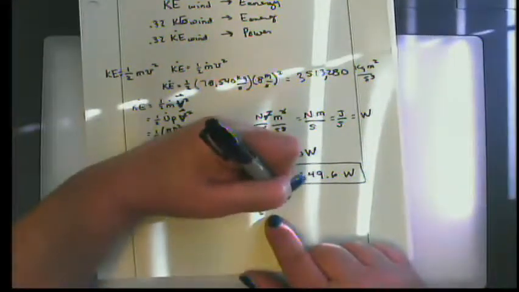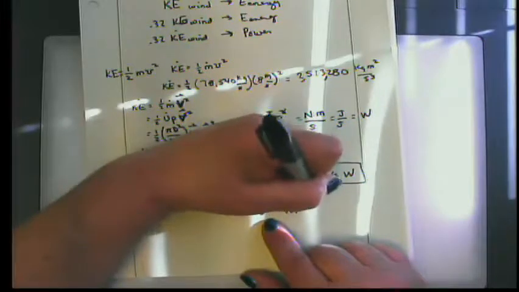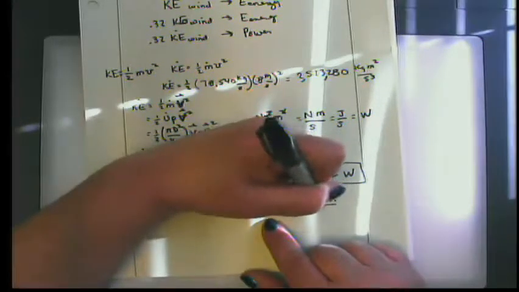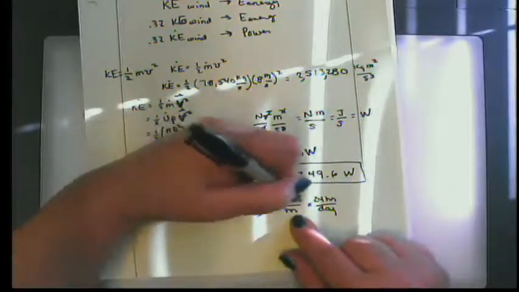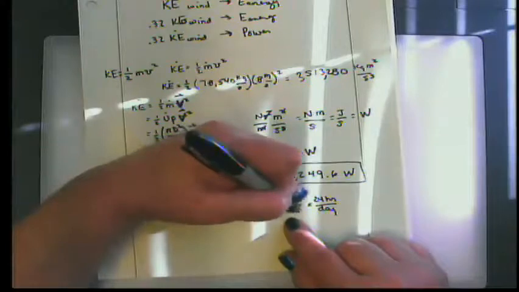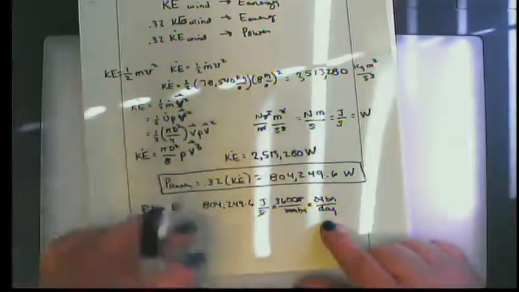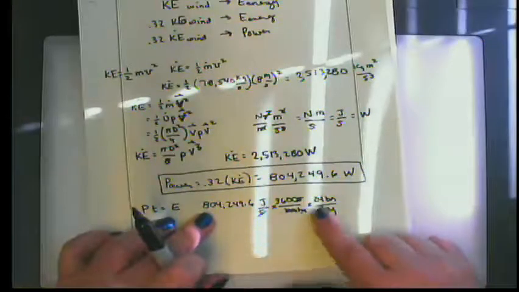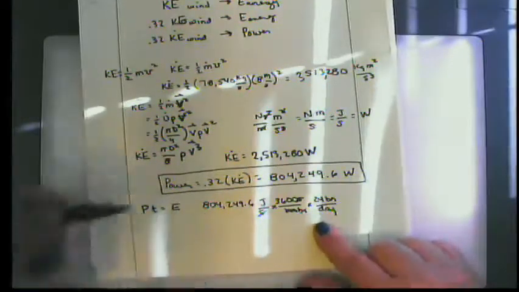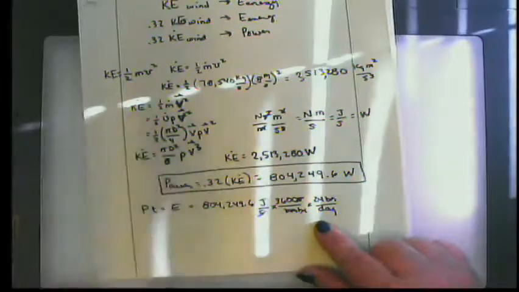So there are 3,600 seconds in an hour, and 24 hours per day. So if I do that cancellation, my hours cancel out. And so I take this number, multiply it by 3,600, multiply again by 24. That is how many joules of energy I will produce in a day.